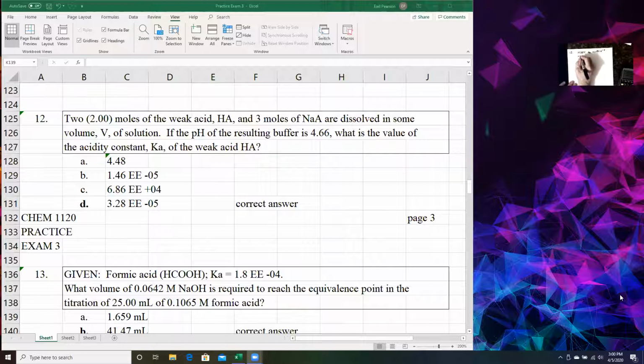And we want to know the volume of 0.0642 molar NaOH required to reach the equivalence point if you use 25 milliliters of 0.1065 molar NaOH.